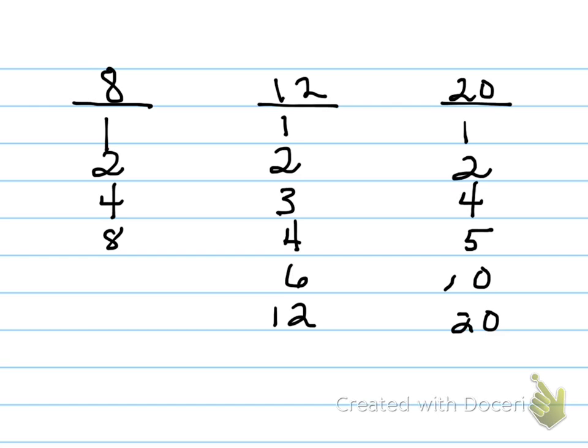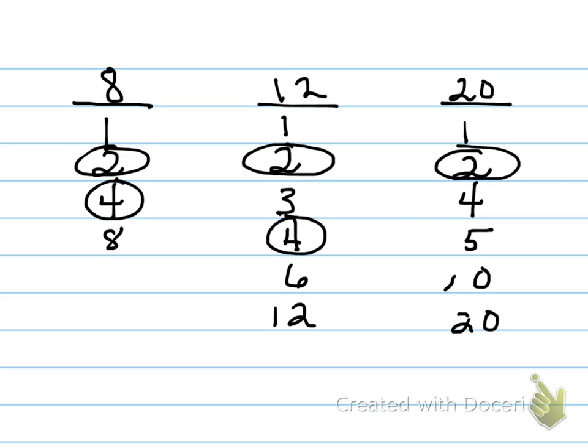So I'm going to go back now and look at, certainly everybody shares 1 as a factor, but let's see what else they have. Oh, look, 2, 2, 2. So 2 must be a common factor of 8, 12, and 20. Let's look further. Do you see any others? Oh, you're good. 4, 4, and 4.